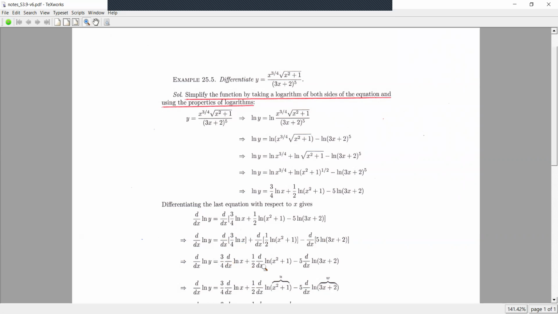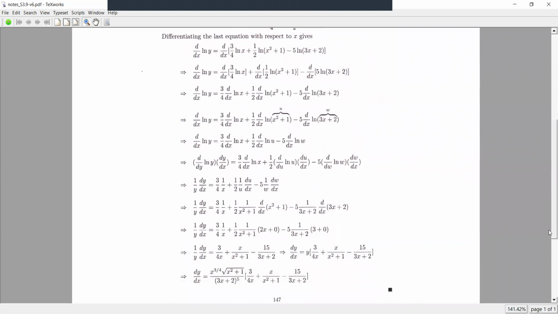Now, simplify this function and this function by introducing intermediate variables u and w. u denotes x squared plus 1. w denotes 3x plus 2. Then I have this equation.